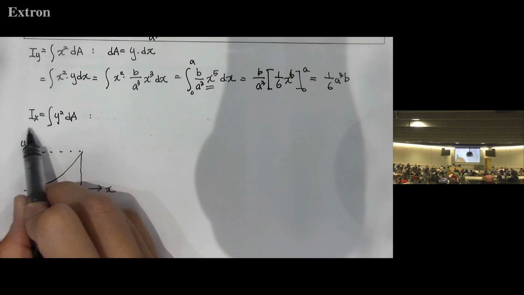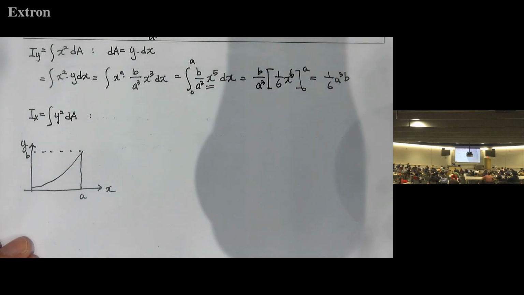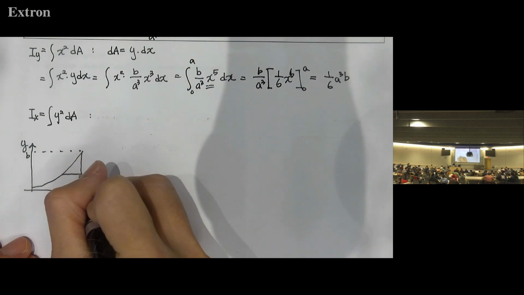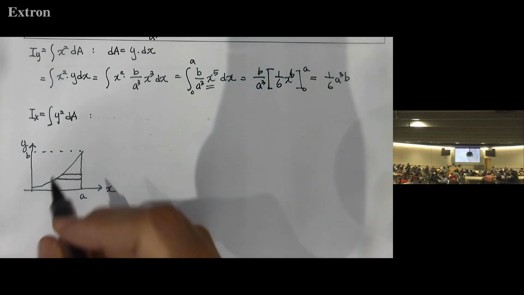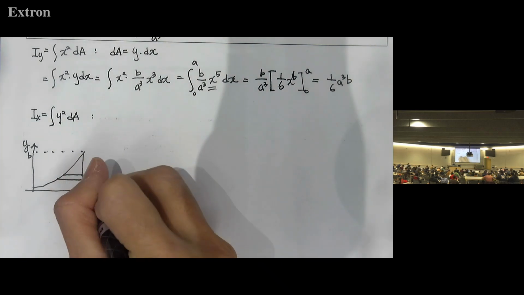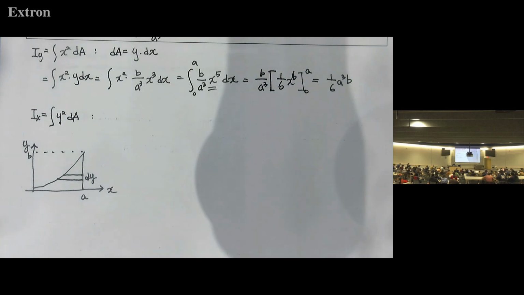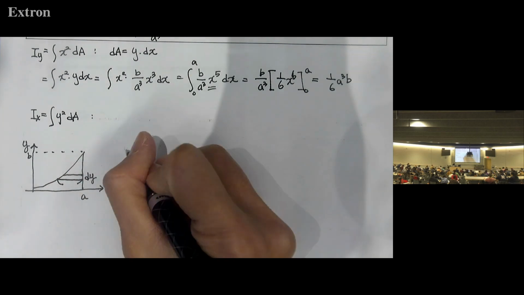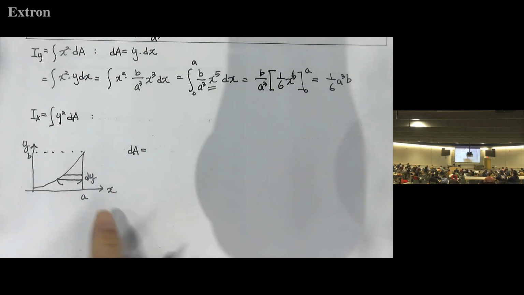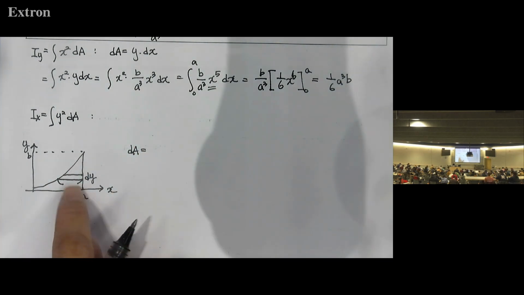And then for Ix, we cut horizontally here. Because we cut horizontally, the height is now dy. It's a small, thin strip. And then to calculate dA, we need to know this base.